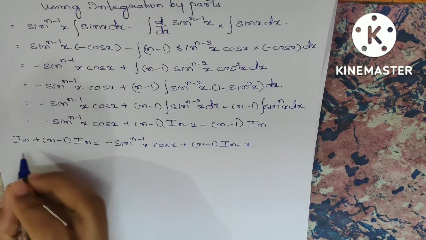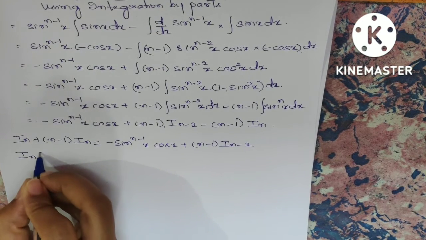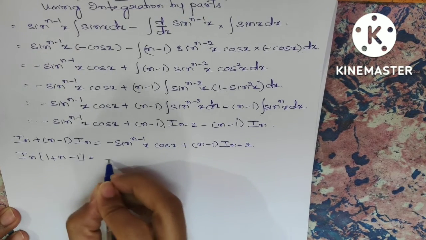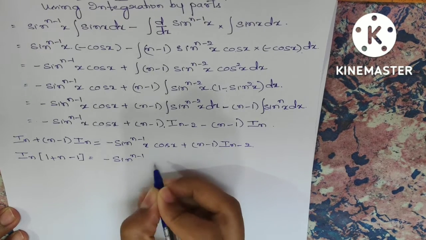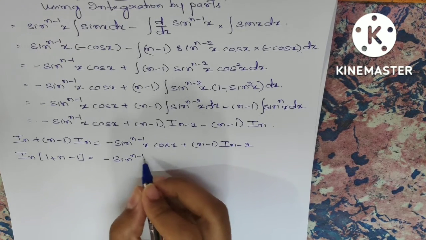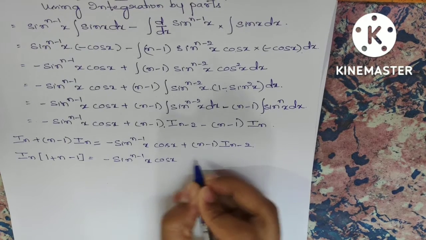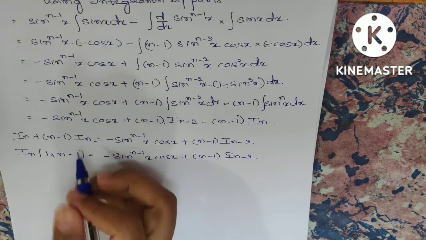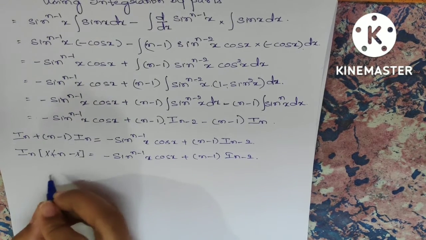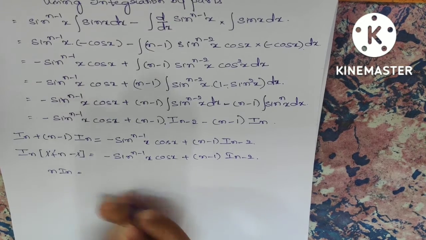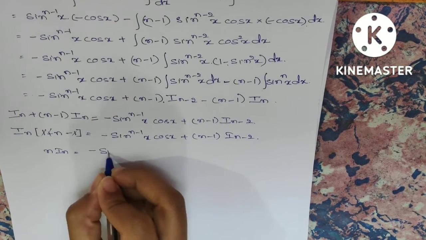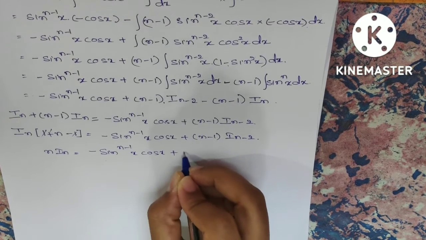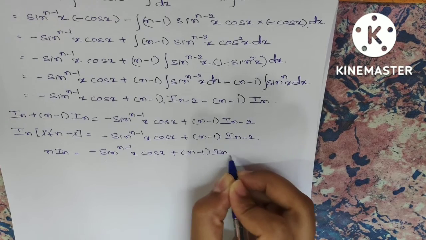In the next step, I'll take I_n common here. I_n into 1 plus n minus 1 equals minus sin^(n-1) x into cos x plus n minus 1 I_(n-2). Here plus 1 minus 1 will get cancelled. The remaining will be n into I_n equals minus sin^(n-1) x cos x plus n minus 1 I_(n-2).